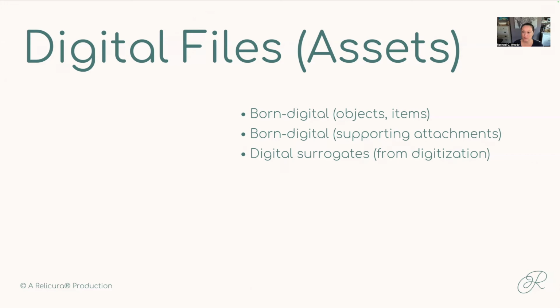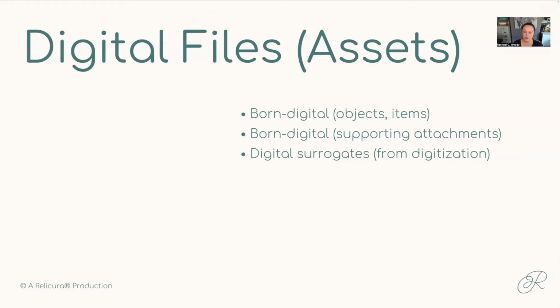So for example, if we are creating a digital artwork, that particular artwork piece has only been in its born digital form. It had never existed previously as a physical art piece.